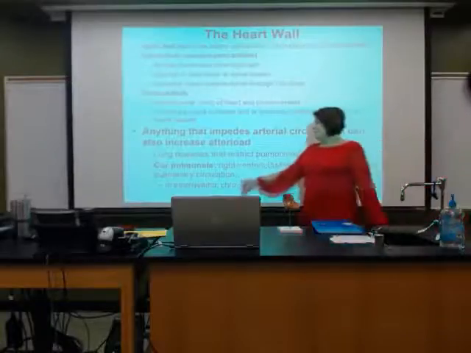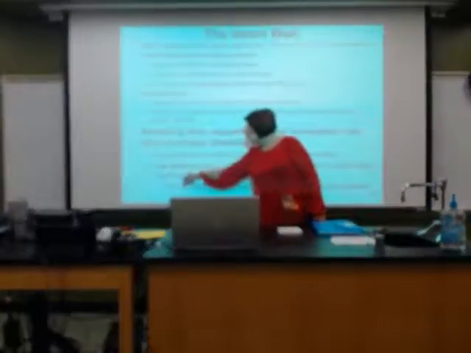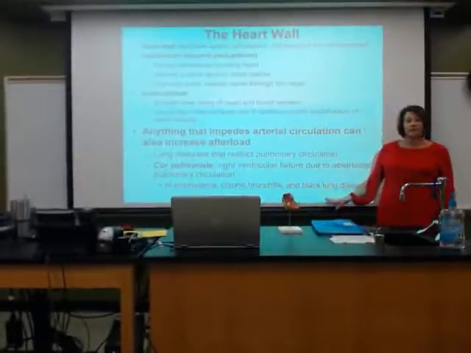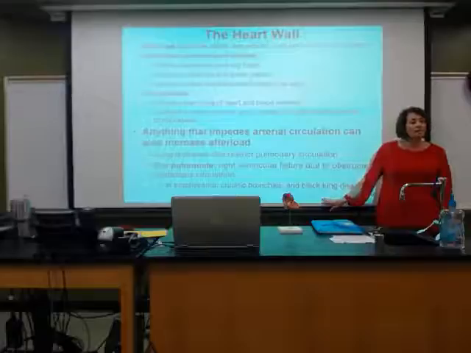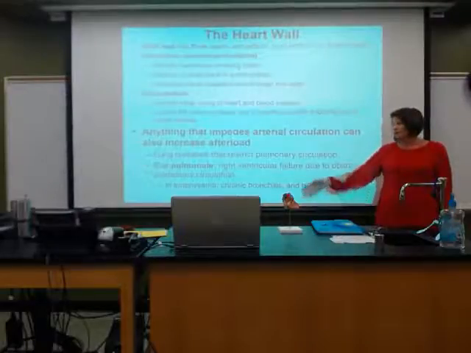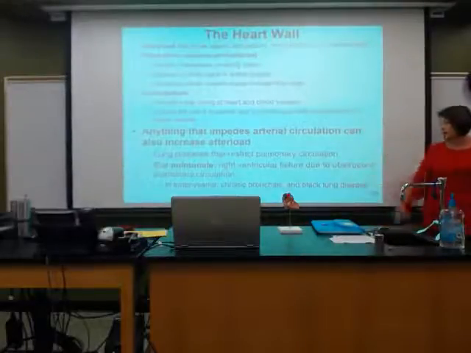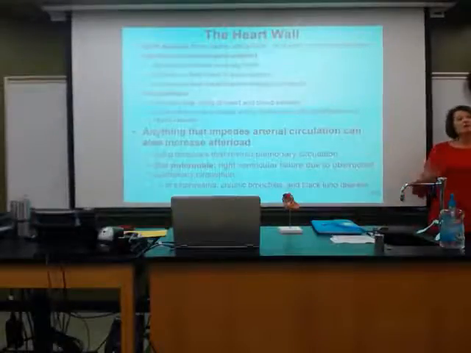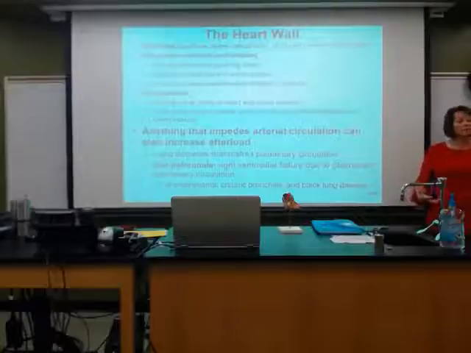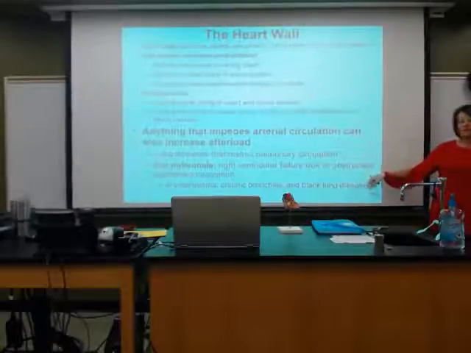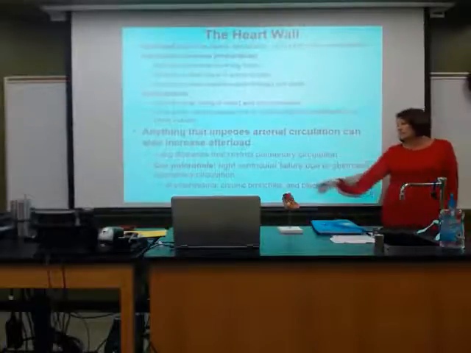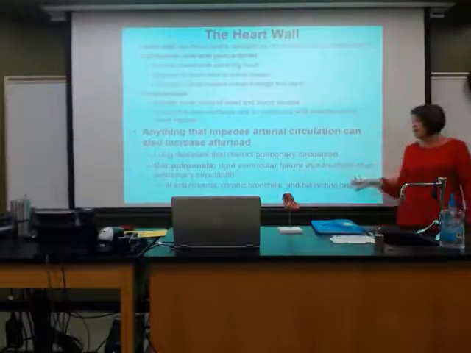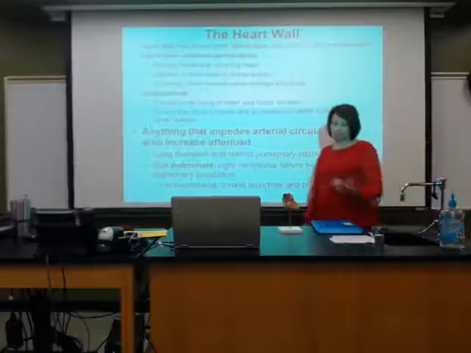We have something called cor pulmonale. In these chronic lung diseases, like emphysema, bronchitis, black lung disease, when we have a chronic lung disease, that is going to cause the right heart, the right ventricle, to fail.